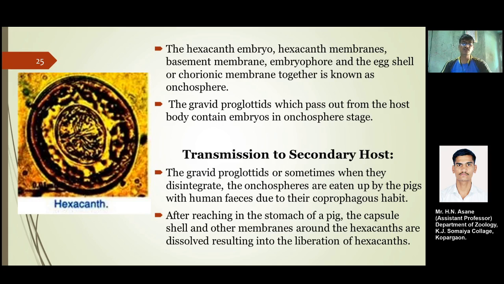During this hexacanth, the oncosphere stage embryos are situated in a particular proglottid. That particular proglottid, which gets converted into the hexacanth, has its uterus converted into this hexacanth, which looks like a bamboo plate, and which has the cocoons arranged in a circular sequence.